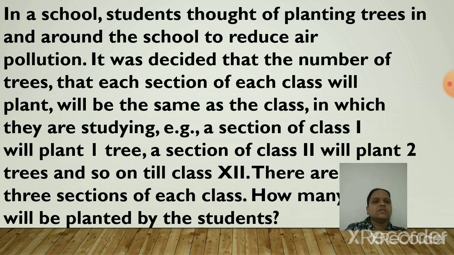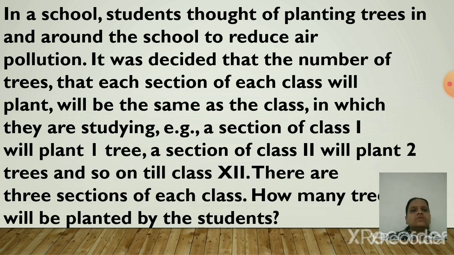Now let us see the first word problem. In a school, the students thought of planting trees in and around the school to reduce the air pollution. It was decided that the number of trees that each section of each class will plant will be the same as the class in which they are studying.